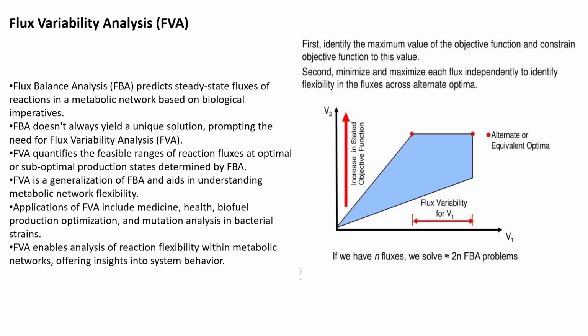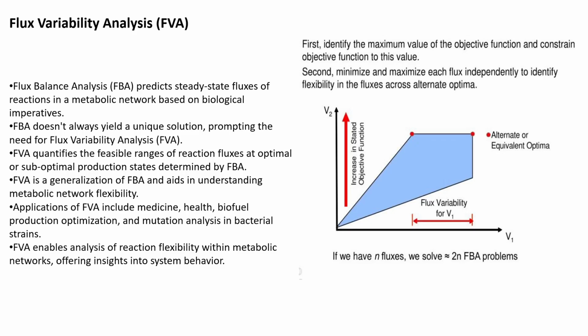According to how you model and how many constraints you put, FBA will predict steady state fluxes of the reactions, so Sv equal to zero. I hope you remember that. At steady state, Sv equals zero, and from there FBA will give you steady state fluxes of these reactions.